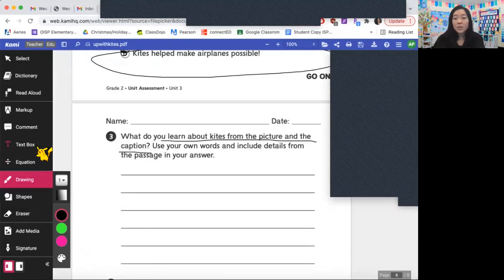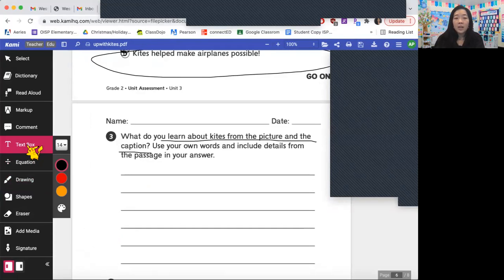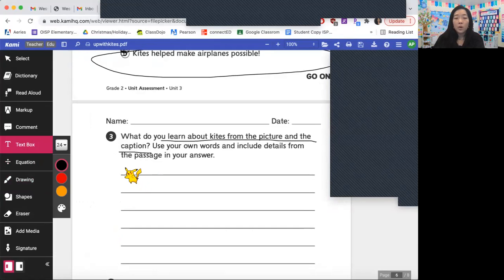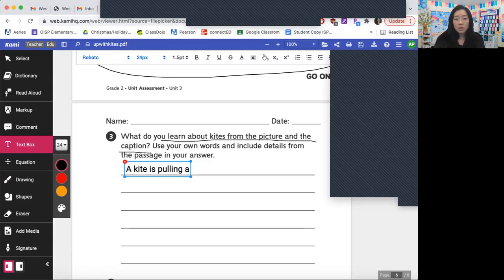so what I'm going to do is I'm going to change to the text because I want to be able to type it now. So instead of using the drawing, if you go up, there's a T and then it says text box. Click on that. You can change the font. I'm going to make my font a 24 so you guys can see it. A kite is pulling a car down the beach.